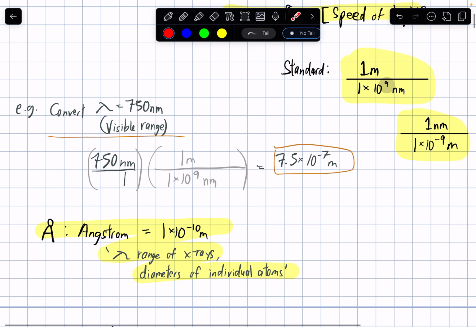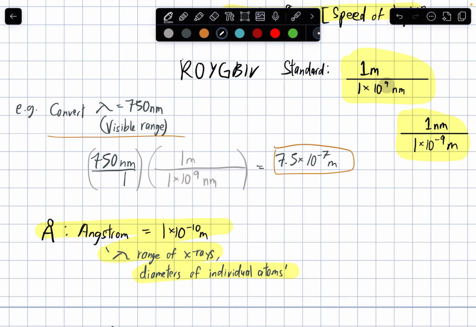So this is an example. If you want to convert a wavelength of 750 nanometers into meters, this, by the way, is technically still within the visible range. If you recall your Roy G. Biv, it's basically somewhere between red and infrared.